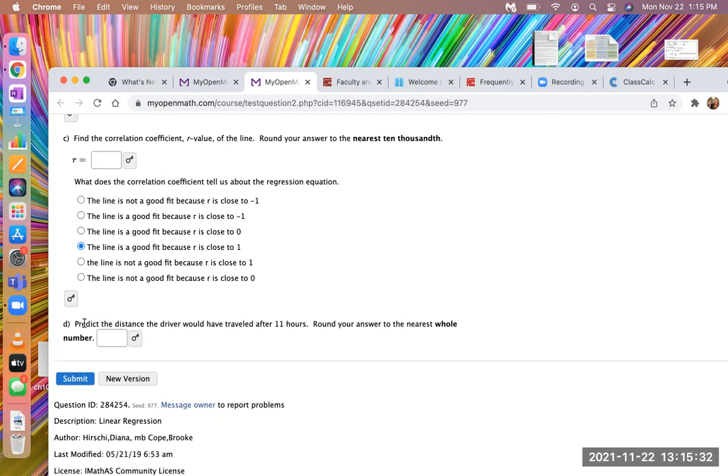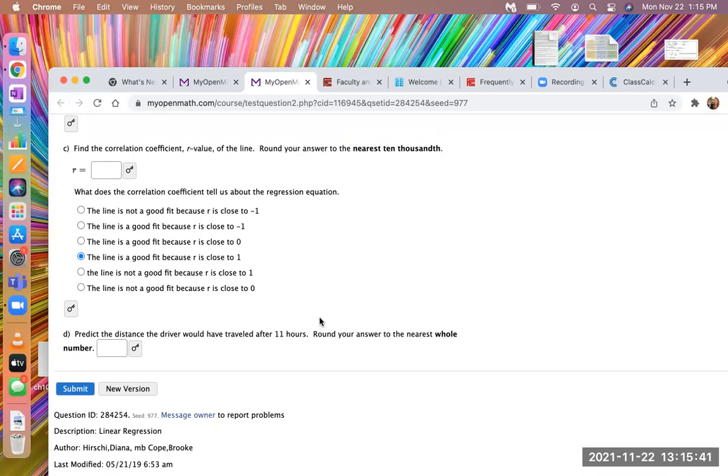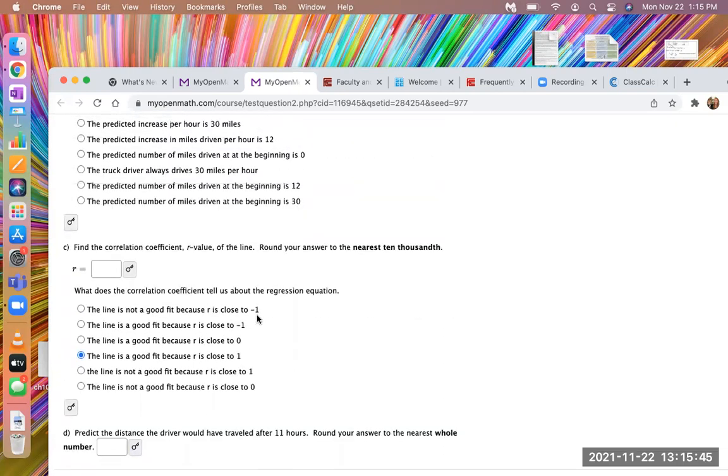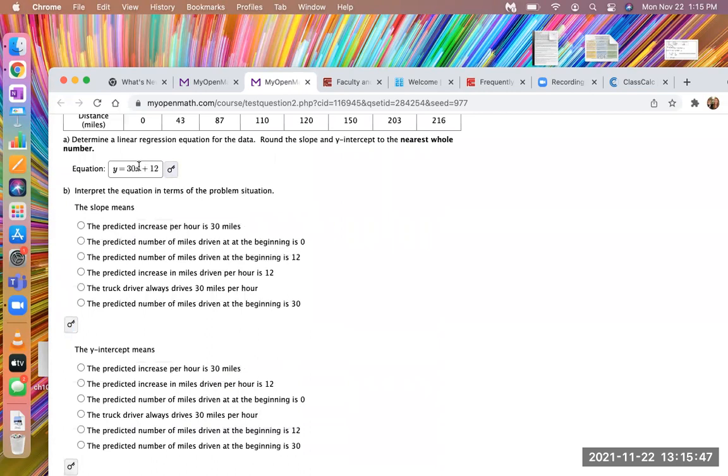Okay, predict the distance the driver would have traveled after 11 hours. So this is the big one. Here they want us to use this equation up here, because it's perfectly set up so that if you give me an x value, we multiply by 30 and then add 12 and find the corresponding y value.